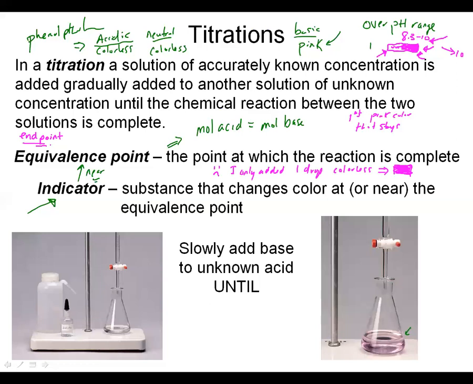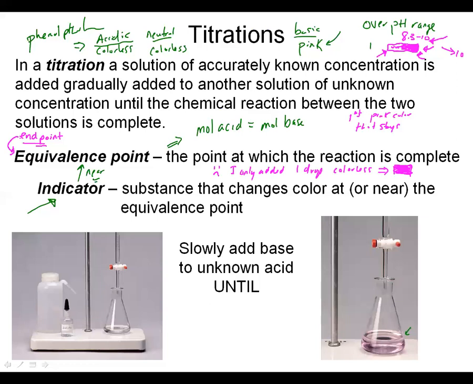Ideally, if you do a good titration, your end point, where you stop, and the equivalence point should be pretty close to each other if you did it correctly. If you did it incorrectly, you just opened it up and waited for dark pink and called it a day. Yeah, you'll be okay. You'll be done with that titration very quick. Any questions on the basics of titrations there?